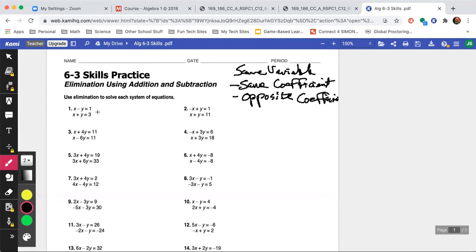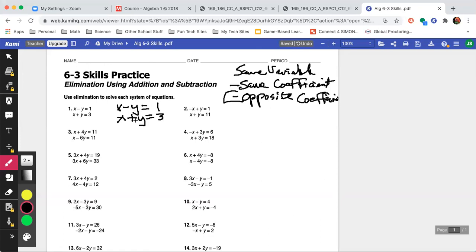If I'm going to use addition, you have to find ones that have the opposite coefficient. So I've got this one right here, looking at number 1. I've got x minus y equals 1 and x plus y equals 3. I'm going to write these down again. I'm going to add, because I know that this y and this y are opposite of each other.